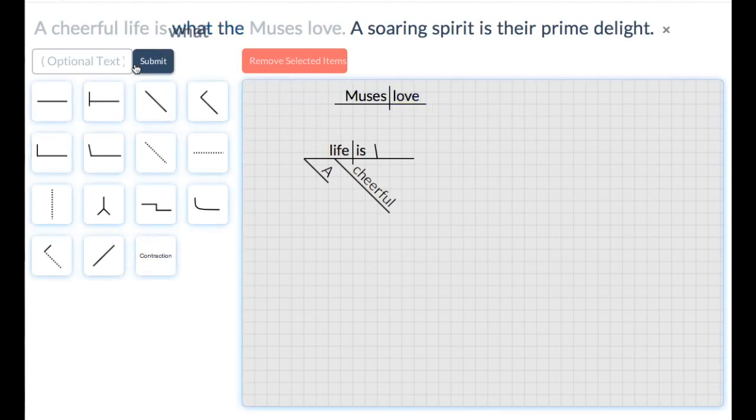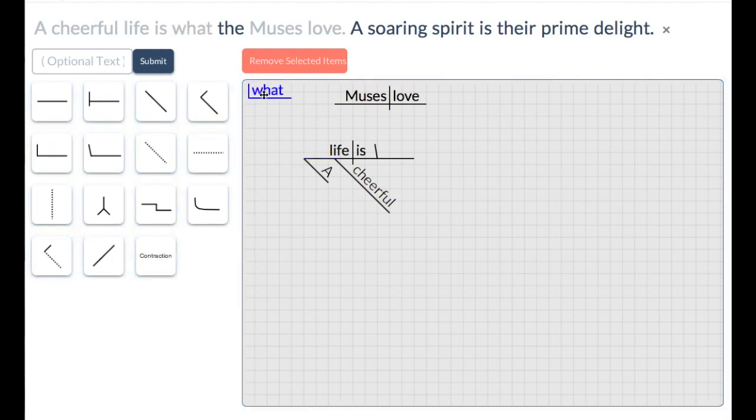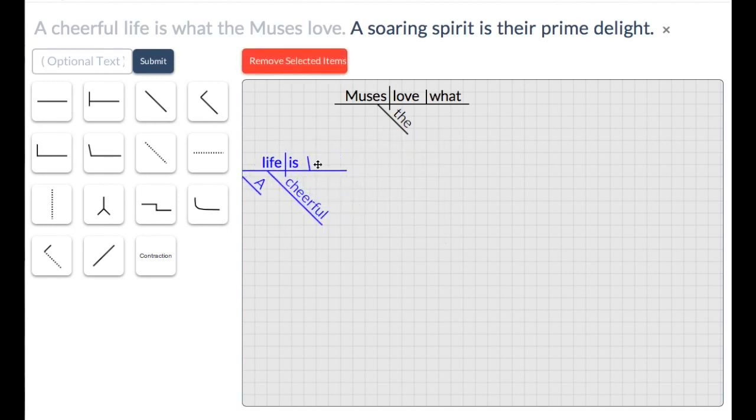What is the direct object of the verb, love? And the is telling us more about Muses, so it goes right here. Okay, now I have to scooch this guy over a little bit. There we go.